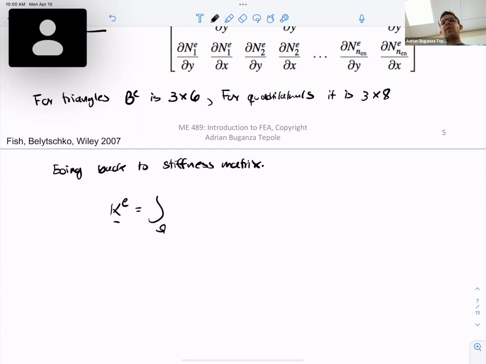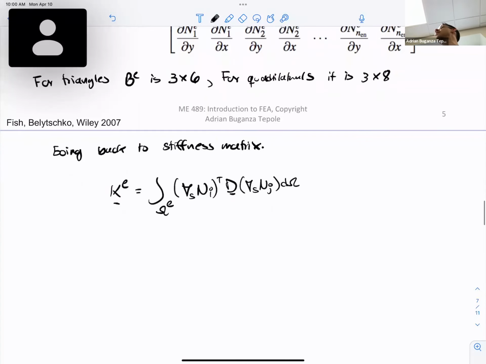It's the integral over omega E of the gradient S of Ni times D times the gradient S of Nj, and instead of expanding this out and doing every single component, you can use this B matrix notation. So this is B E transpose D B E.